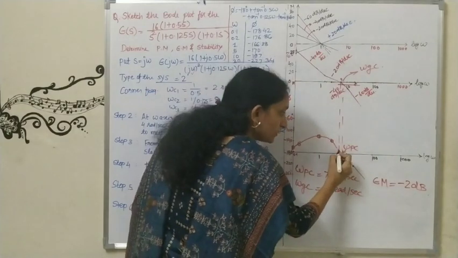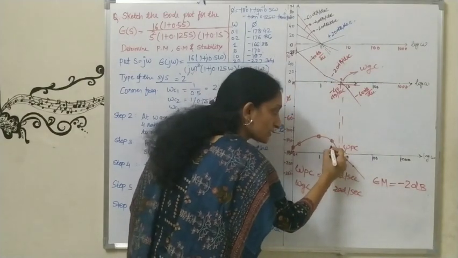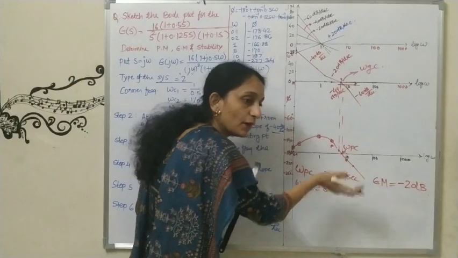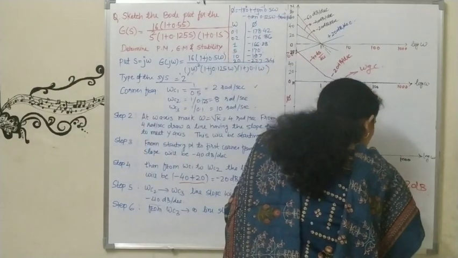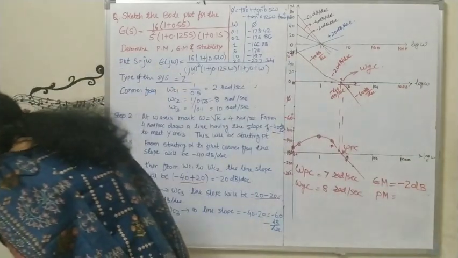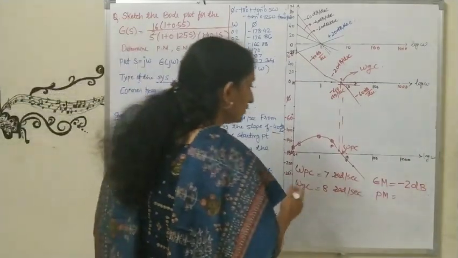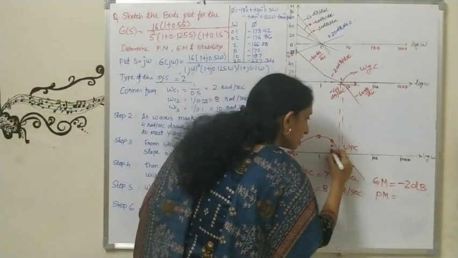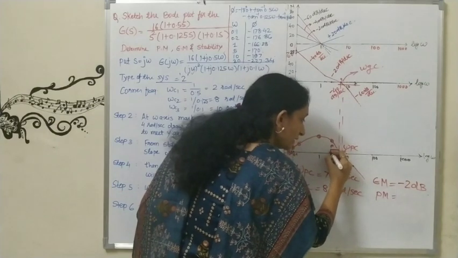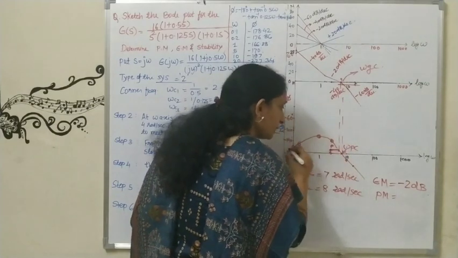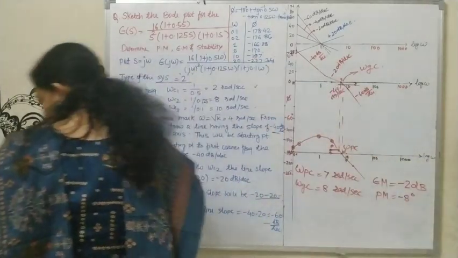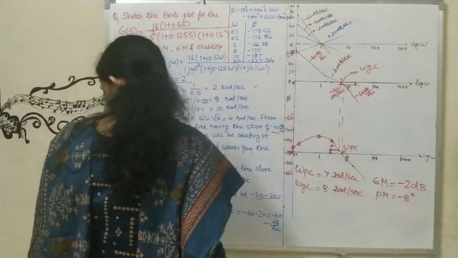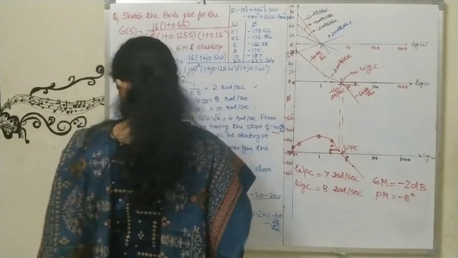This point of intersection P is above the minus 180 degree line, so again the phase margin is negative, and I need to check its value. This angle difference from the minus 180 degree line is actually minus 8 degrees. I am directly writing gain margin as minus 2 and phase margin as minus 8.